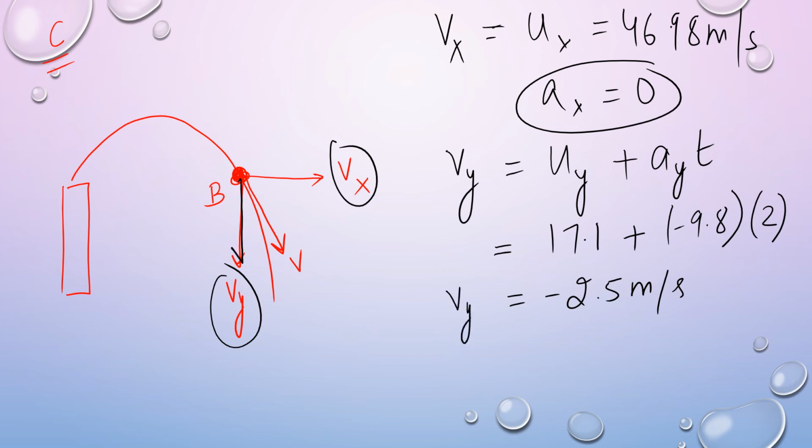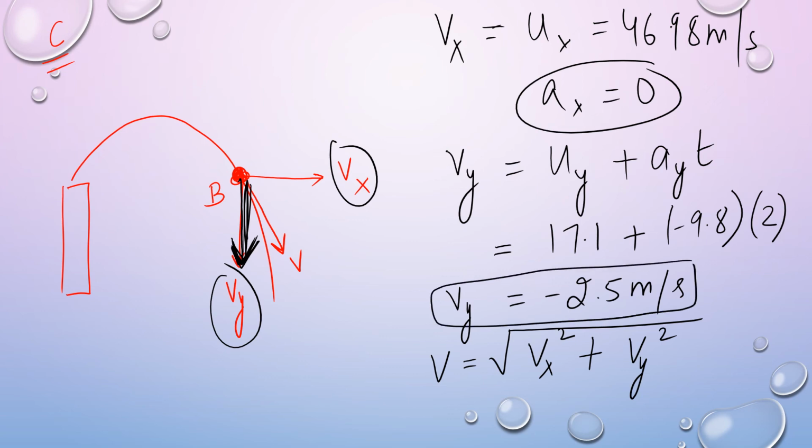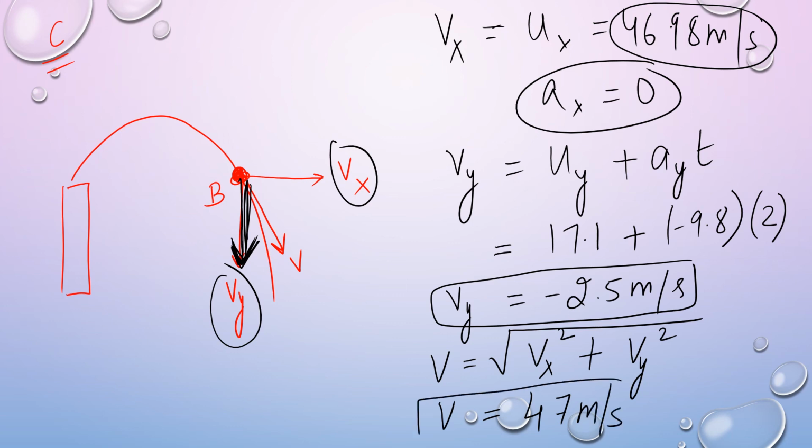Look here at point B, the vertical component is in the negative y direction, so this means that this is negative. Now to work out the resultant velocity, you'll apply vector analysis, which is square root of Vx square plus Vy square. So I'm going to substitute the value of Vy as negative 2.5 and Vx as 46.98, and on substituting I'm going to get the answer as approximately 47 meters per second.